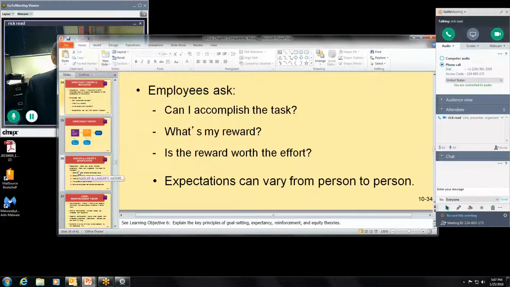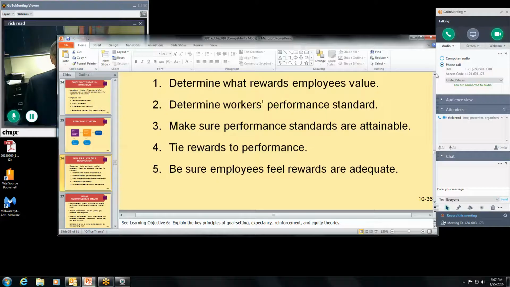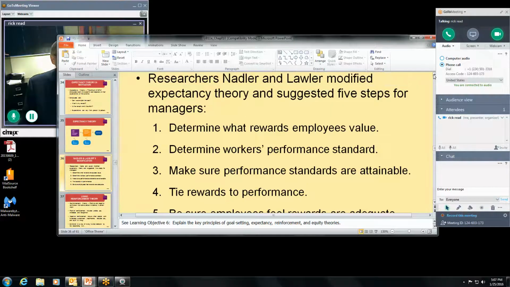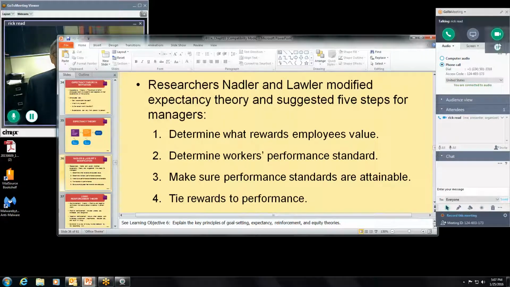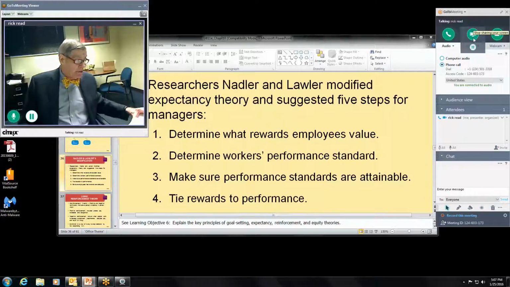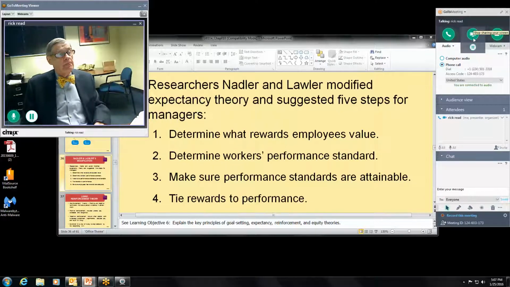Now, Nadler and Lawler had a little modification on expectancy theory, and they came up with these 5 steps. First is find out what the employee is looking for in a way of reward. Isn't that unique? Look at the performance standard.